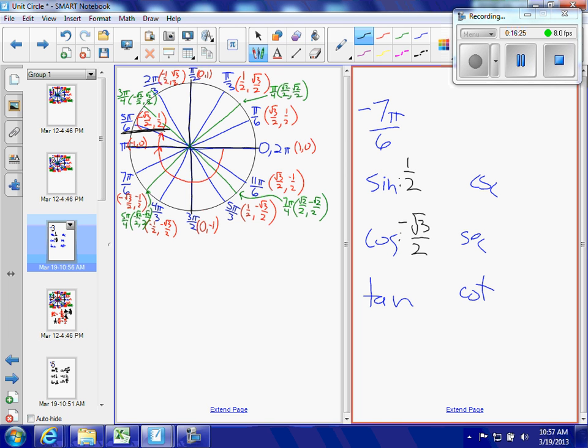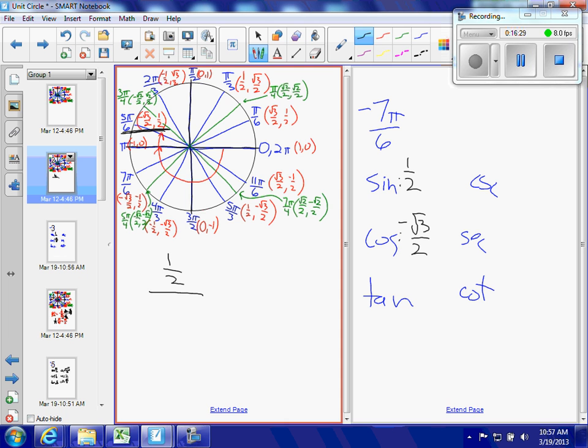My tangent is sine over cosine, so 1/2 divided by negative radical 3 over 2. And be careful you don't mess up with your negative signs. Let's get rid of the denominator. Negative 2 over radical 3. So those cancel out. I get negative 2 over 2 radical 3.